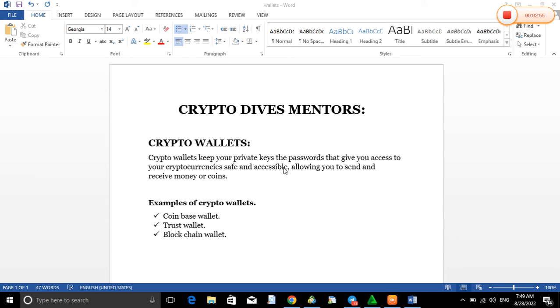Now the first wallet on my list is Coinbase. Coinbase is an exchange, and at the same time a wallet. An exchange is a semi-decentralized platform where you can trade, and at the same time you can store your assets on that exchange. If you are using an exchange like Binance, you can trade on it first.